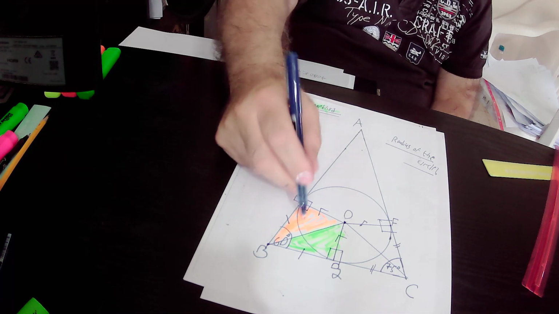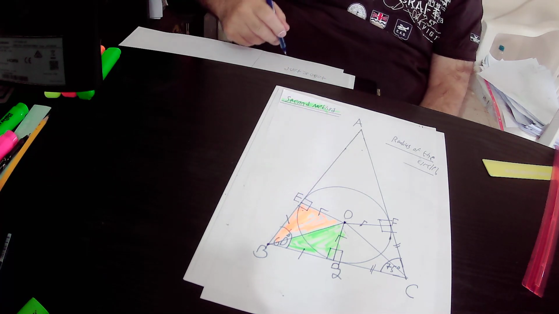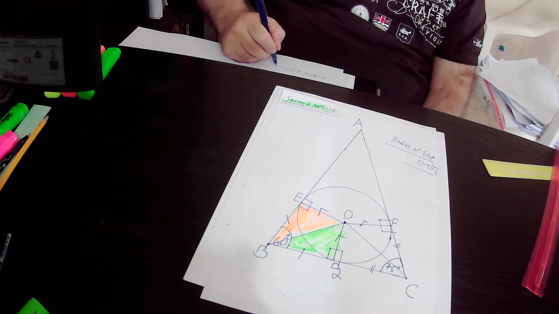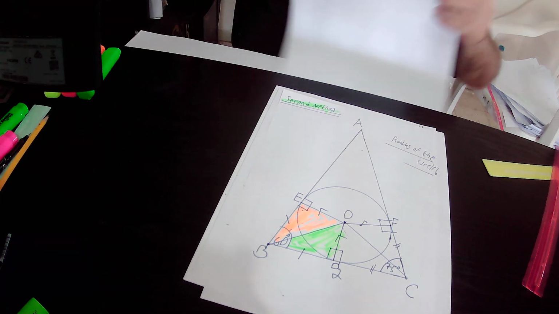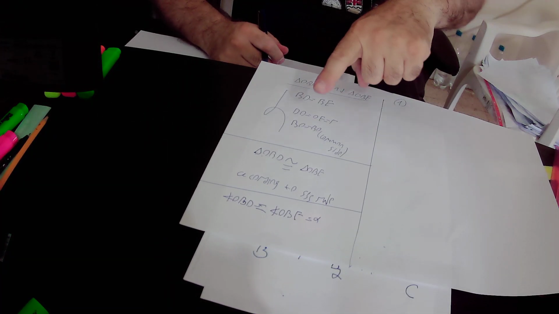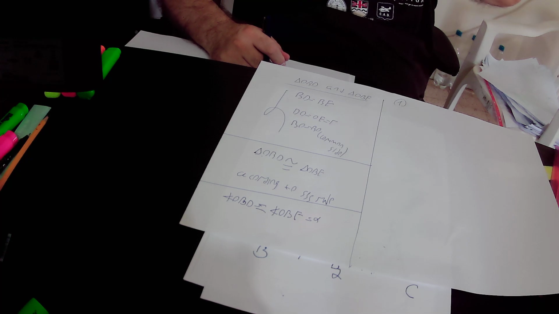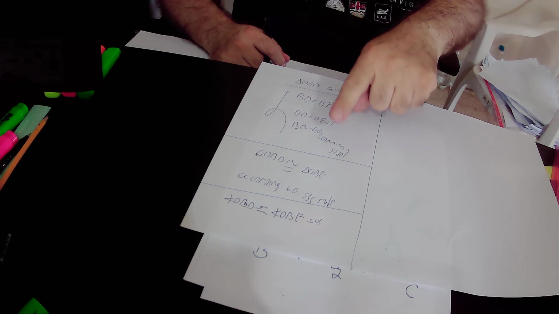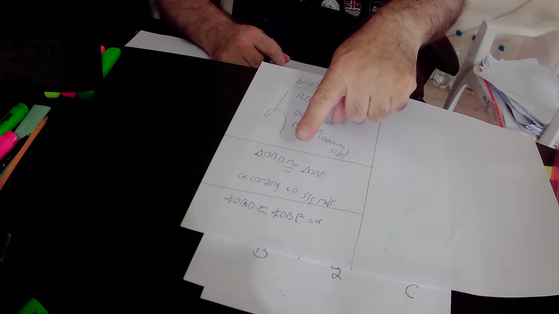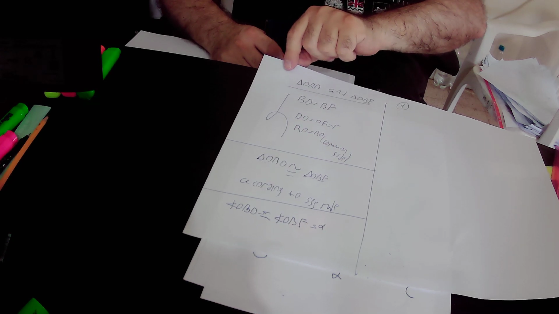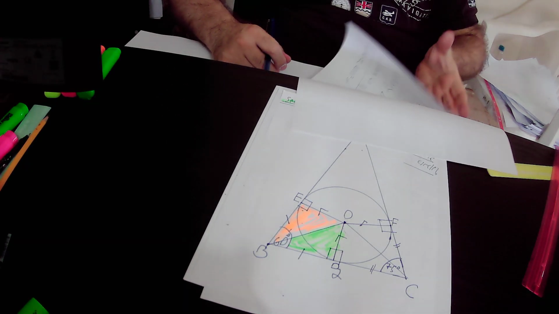If we define angle OBE as alpha, then from the equation angle OBD equals angle OBE equals alpha, we derive that angle OBD is also equal to alpha. Angle OBD is equal to alpha.